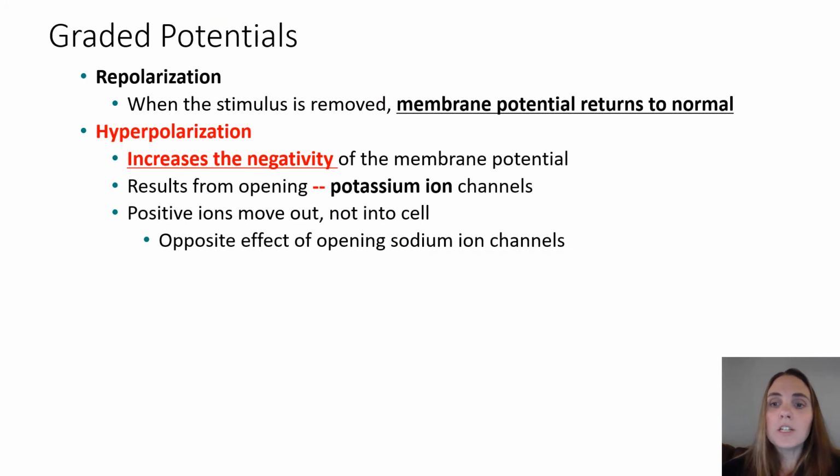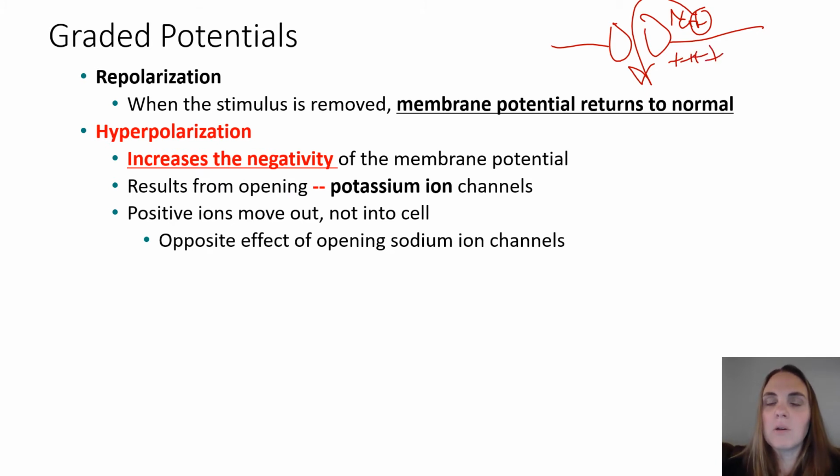So after our depolarization, remember depolarization happened when we had those, here's our gate. So we had those positive sodium ions flowing in, brought more positive charges along the membrane.